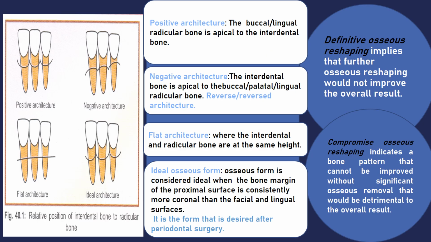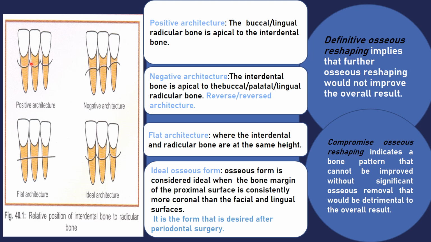So coming to the different morphologically descriptive terms, you can see positive architecture, negative architecture, flat architecture, and ideal osseous form. The diagrams are showing these. The first one is the positive architecture, where the buccal and lingual radicular bone is more apical than the interradicular bone.